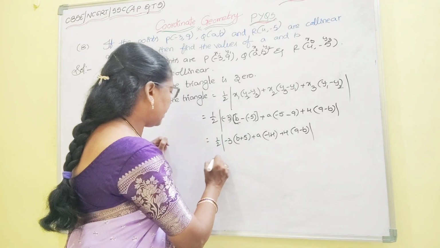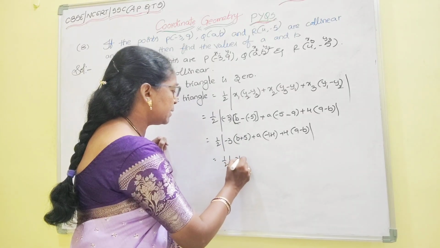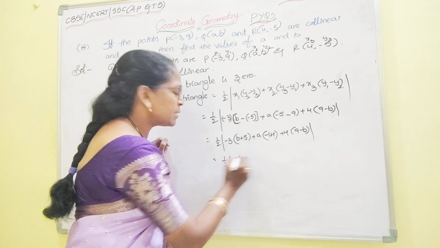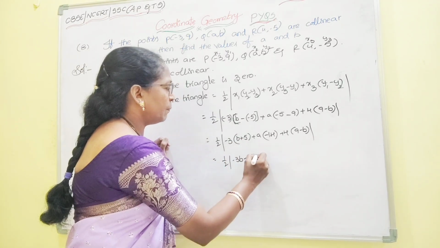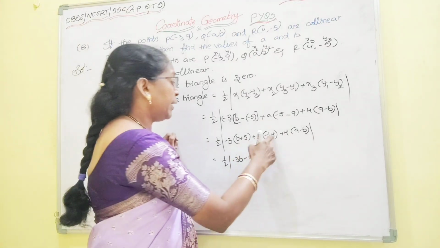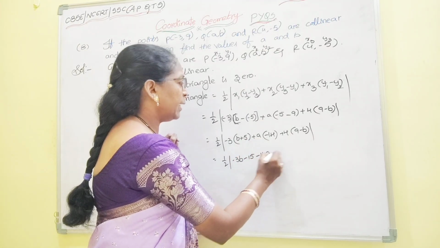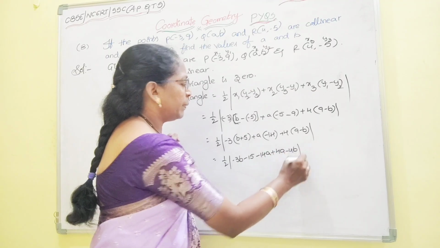Now multiply: minus 3b plus 15, then minus 14a, plus 4a minus 4b.